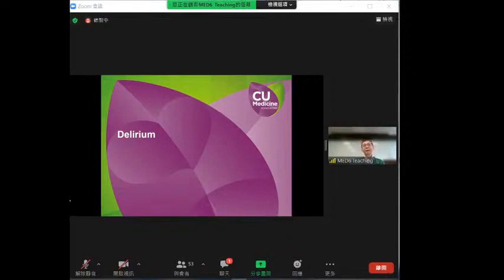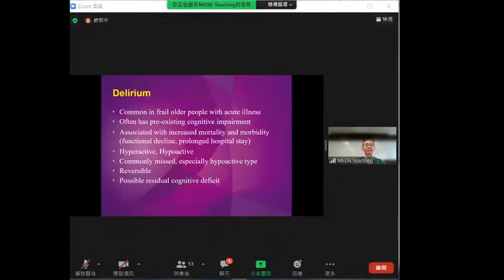Okay, so if not, then I'll just go very quickly through delirium. Acute confusion is very common when frail older people become acutely ill for whatever reason. And often these people have pre-existing cognitive impairment, so there's something wrong with the brain.